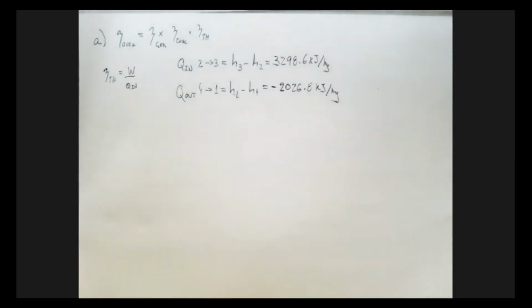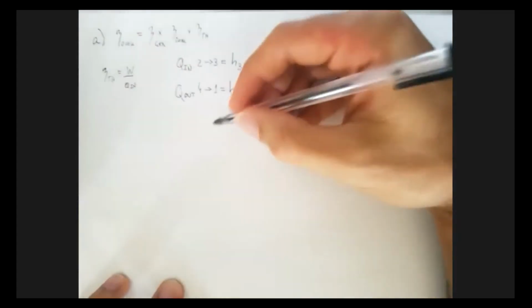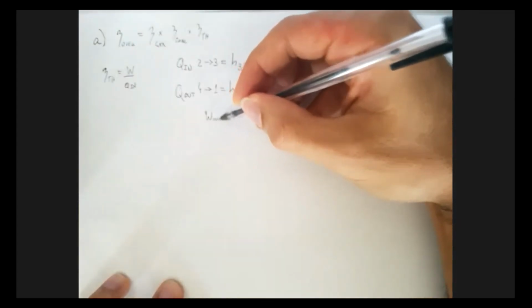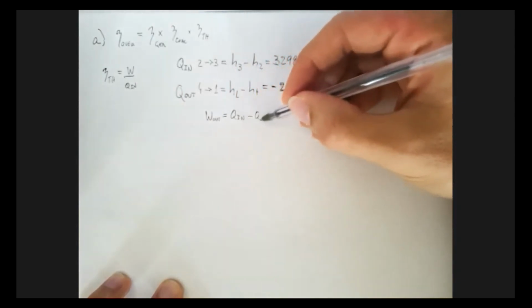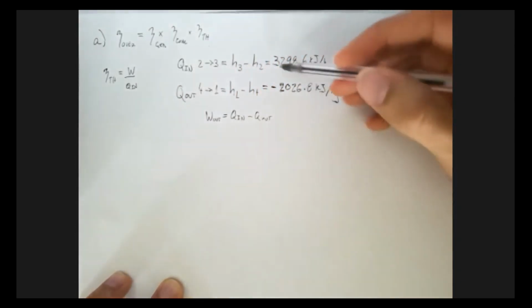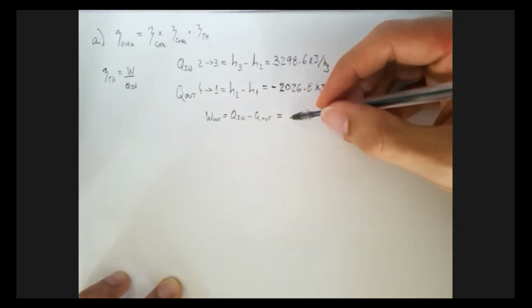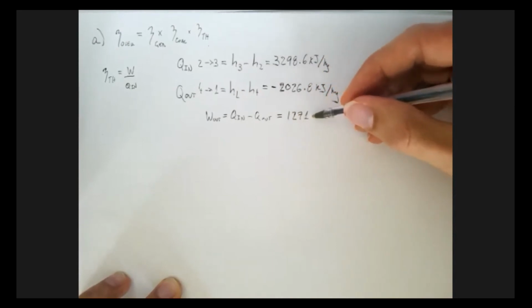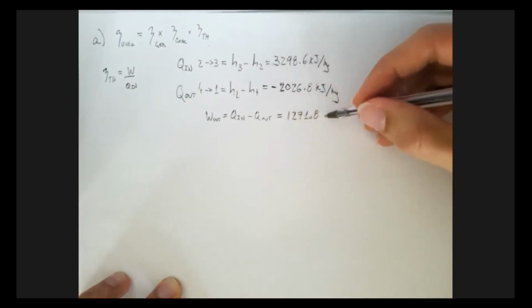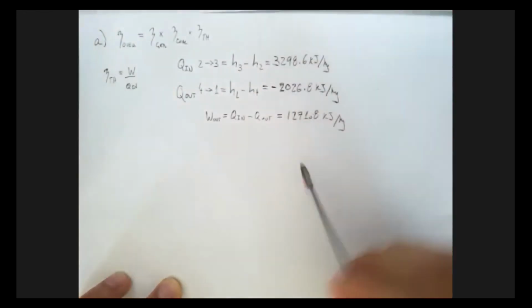So now we have Q in, Q out. We're welcome to calculate work if we want to. We know work output is just going to be Q in minus Q out. This minus this is going to be about 1,200 or so, 1,271.8. And we can use this information over here.